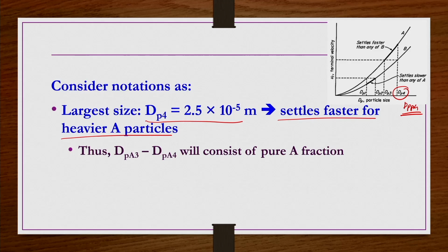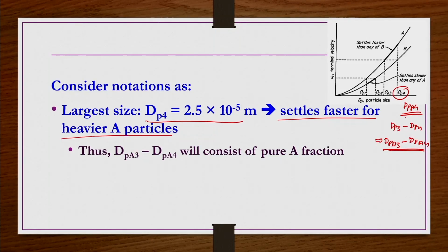Thus, dp3 to dp4 is going to be the pure A fraction, dpa3 to dpa4, because these are the largest and heavier particles. Heavier particles are the A type particles.